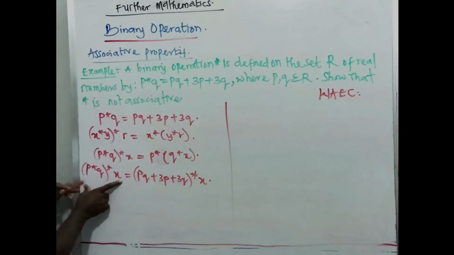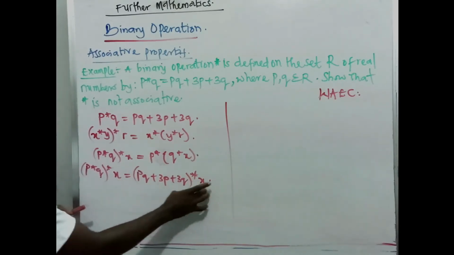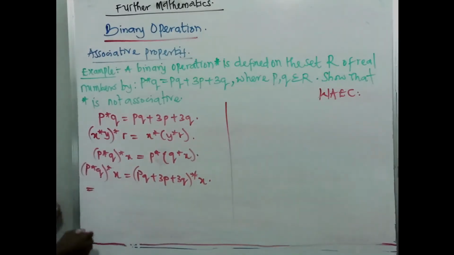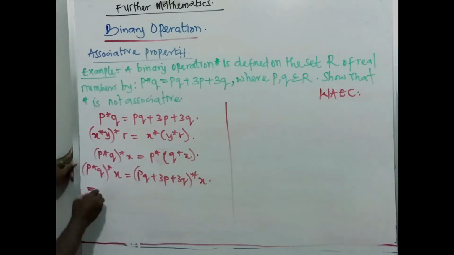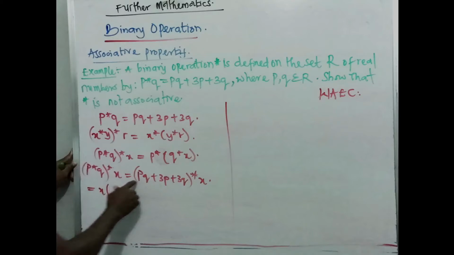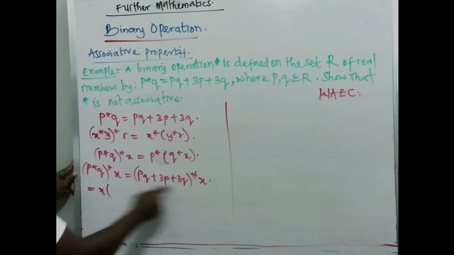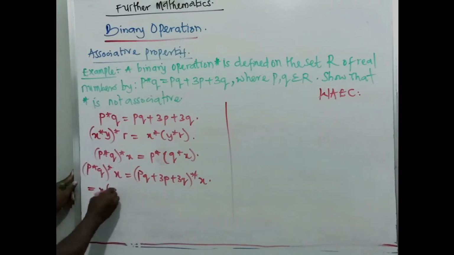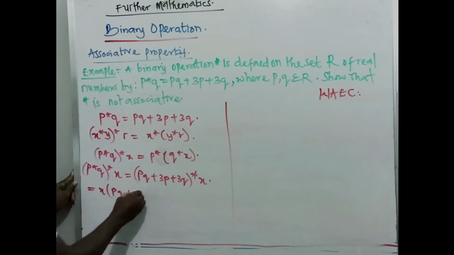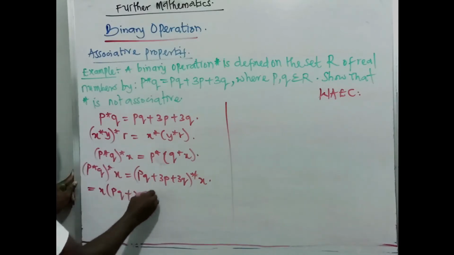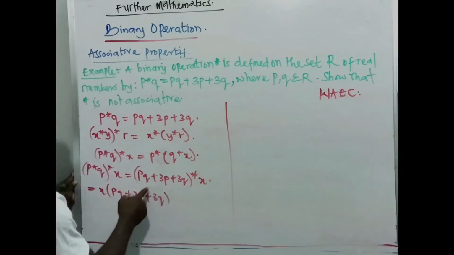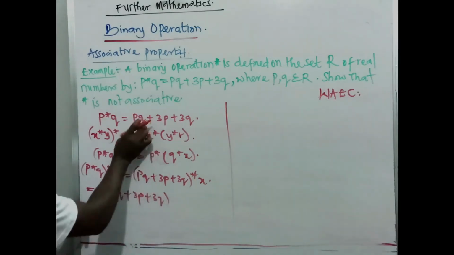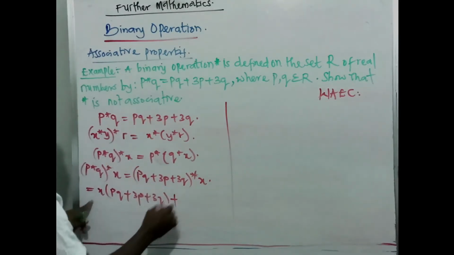Now, taking this as an operation, this is going to give us S multiplied by this, that is PQ plus 3P plus 3Q, in brackets, plus 3 of the first.